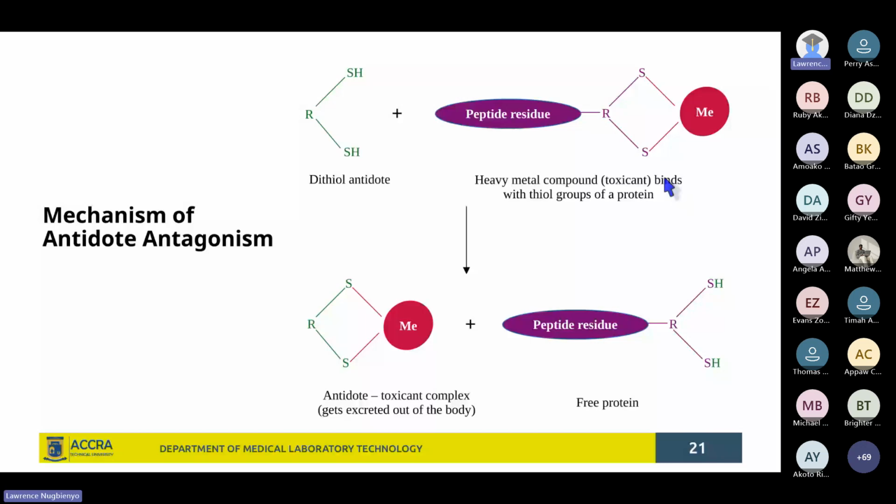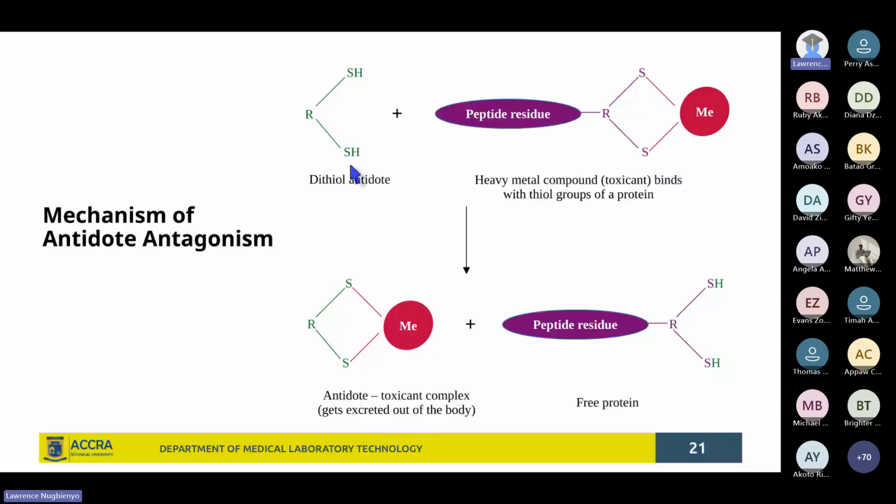It can be some enzymes, some hormones, some neurotransmitters, which means that a heavy metal, by binding to some proteins, maybe hormones, can result in some hormonal imbalance, or if they bind to some enzymes, they will be preventing some metabolic processes, for instance.